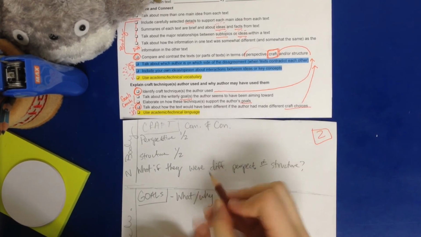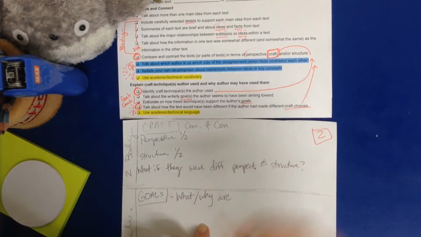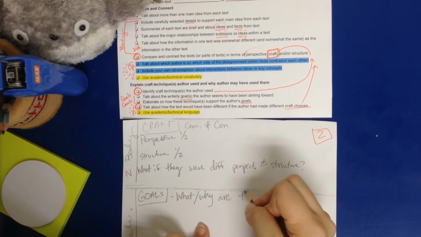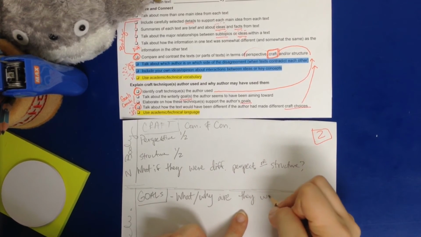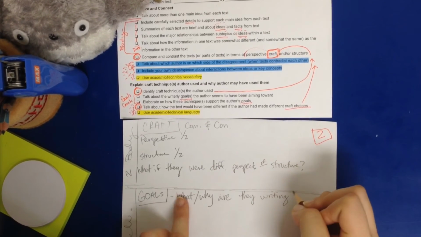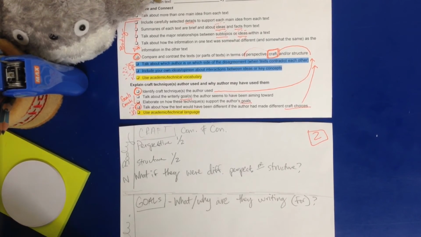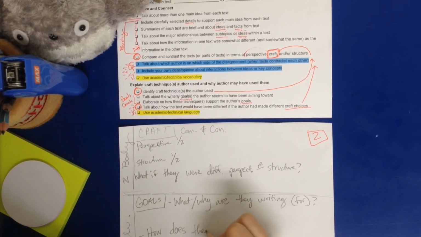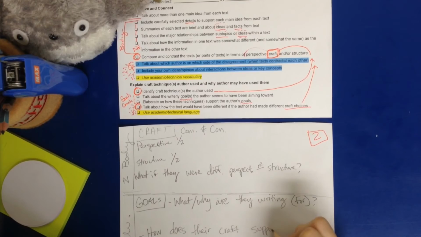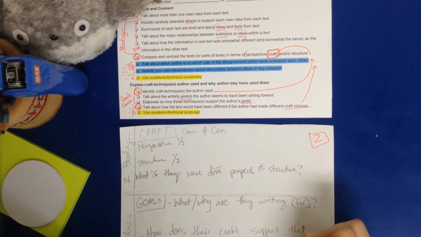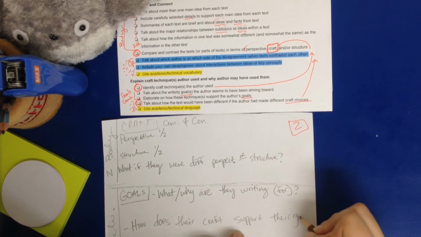And if I put is on here, I might accidentally say it incorrectly. So why are they writing, and what are they writing for? And my last one is, how does their craft support their goals?